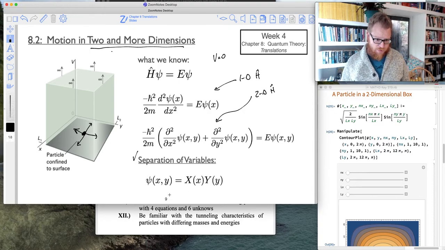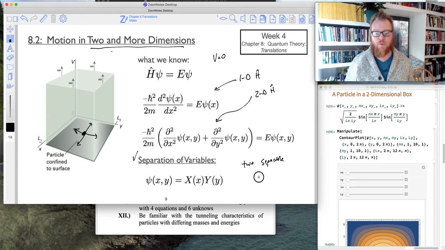So in the separation of variables, we impose that our wave function, which is now a function of x and y, can be written as 2 separable wave functions.